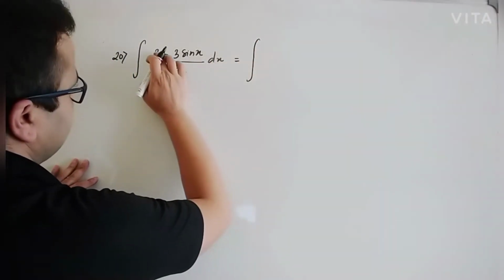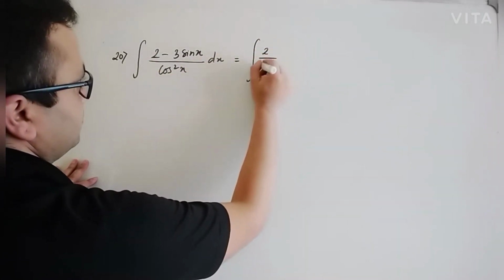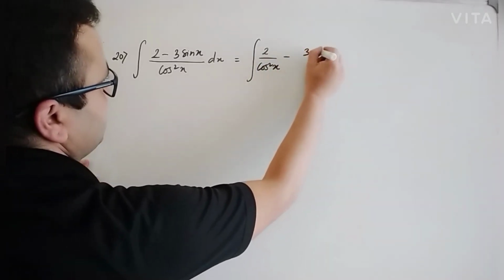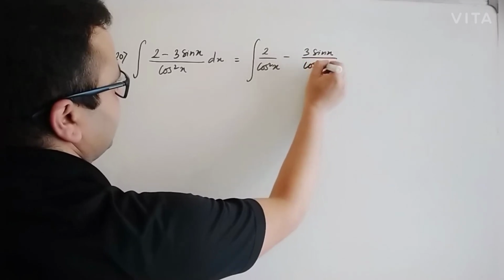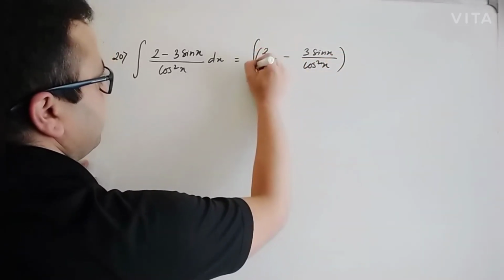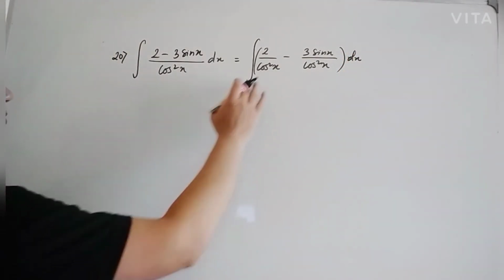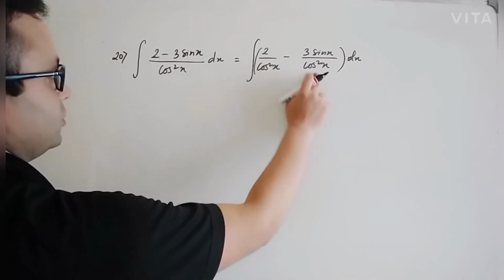Now we can separate using the denominator: 2 by cos square x minus 3 sin x divided by cos square x. If you take the LCM cos square x, you will get this.